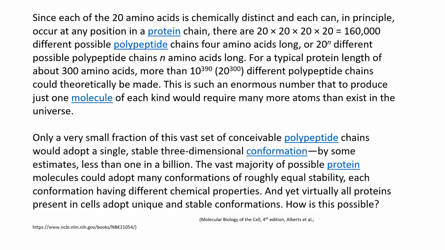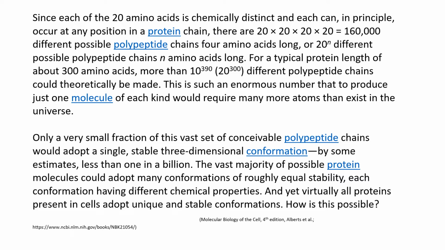But our long strings of amino acids need to fold in the exact same way every time and in the correct way, and then have that folded configuration be very stable. And all of this results from the correct sequence of amino acids.